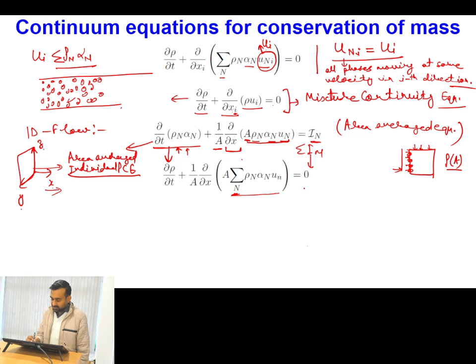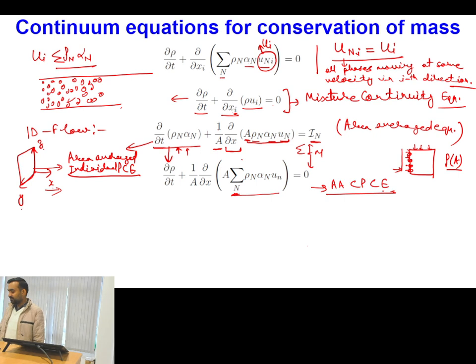So this is nothing but the area averaged combined phase continuity equation, AACP. Is this one clear? So this equation has become the area averaged combined phase continuity equation.